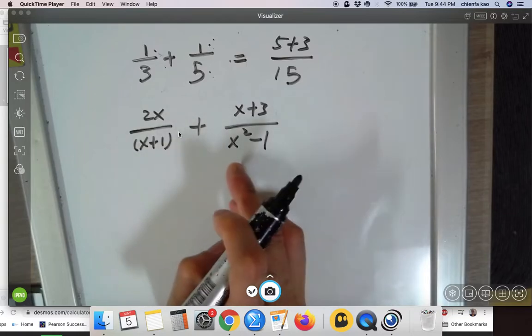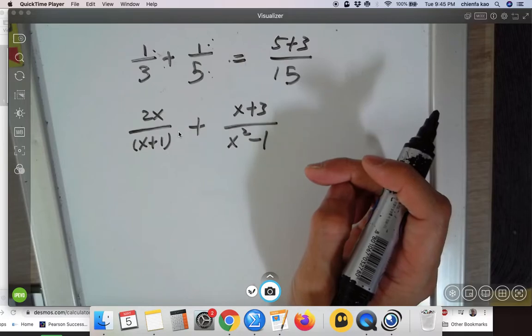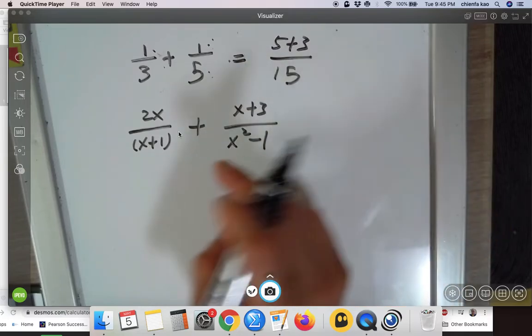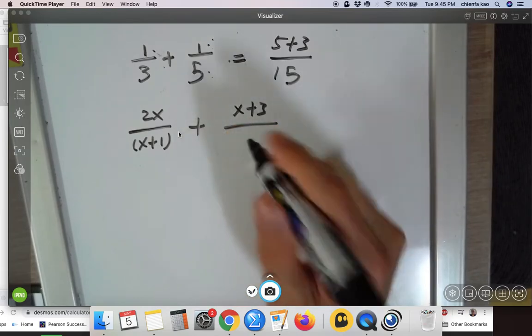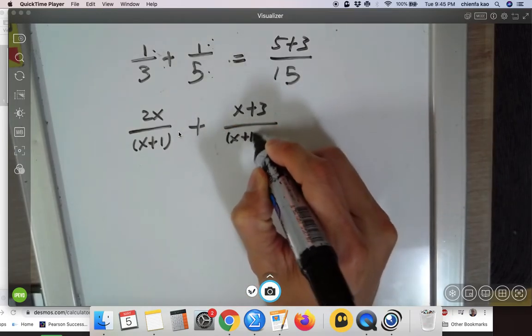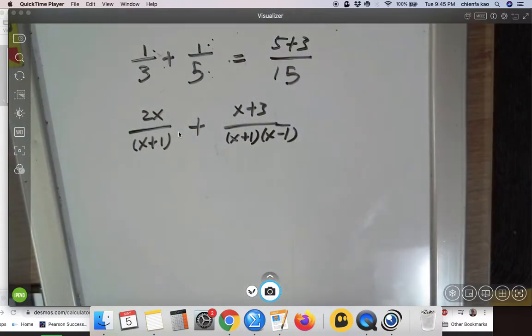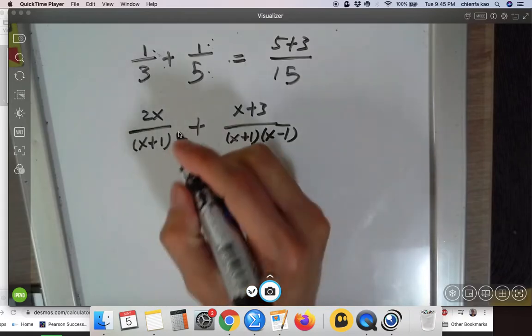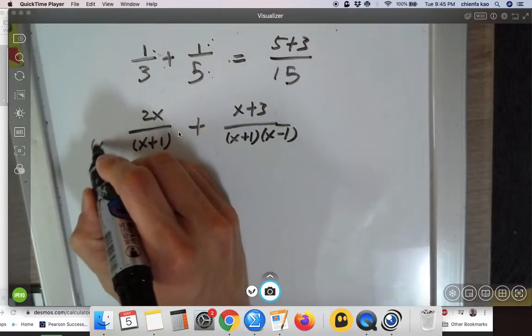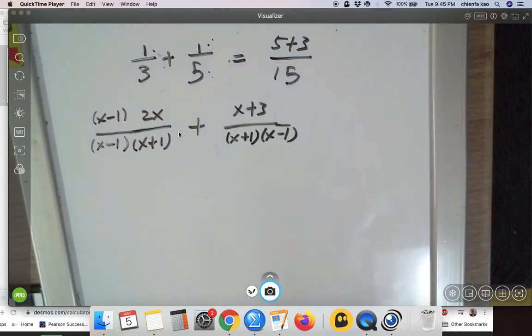In order for you to combine, you need to make sure the denominator is the same, just like here. So let's get to it. This one and this one look kind of the same, but let's see. We can rewrite this as x plus 1, x minus 1. Obviously you can tell that these two will soon have the same denominator if I just multiply the bottom and the top by x minus 1, like this.